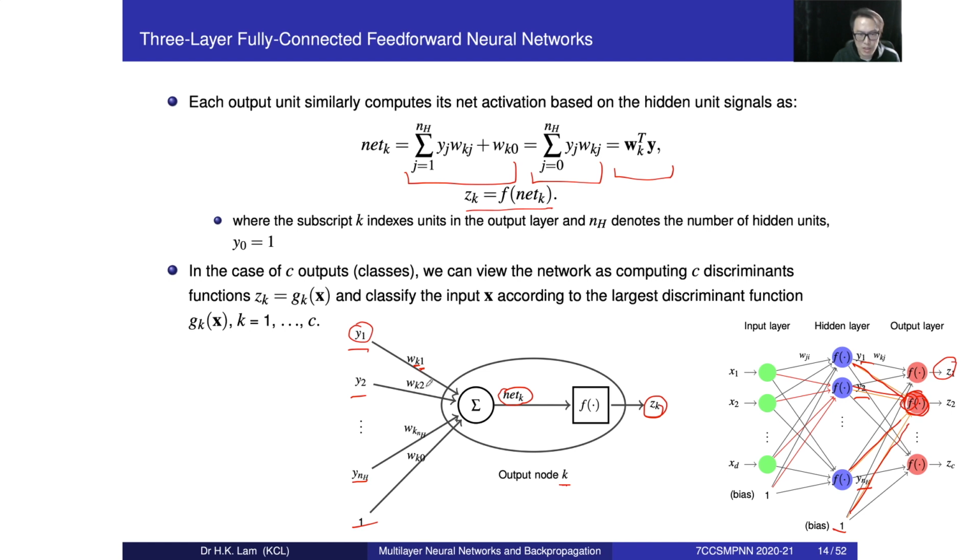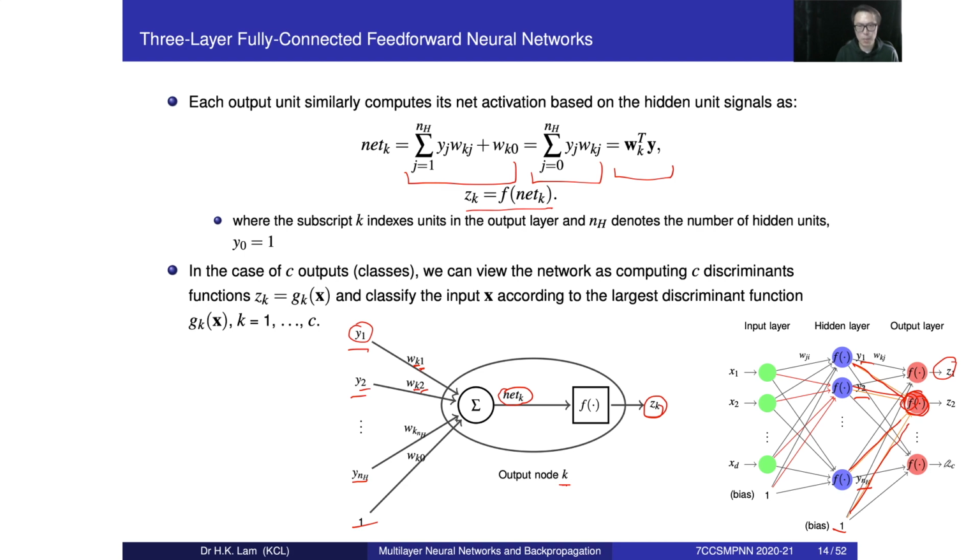The same applies to wk2: k is for the output node, and 2 means that it is for y2, and so on. Once you know this set of equations, you can compute the value of z1 to zc.